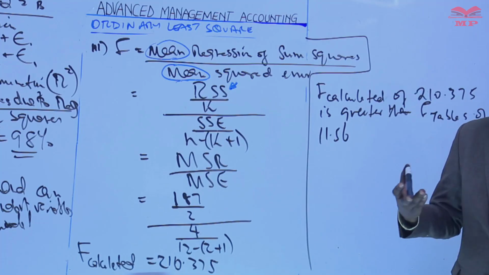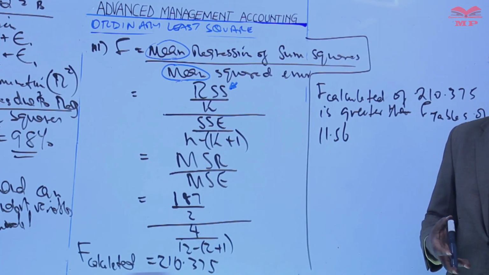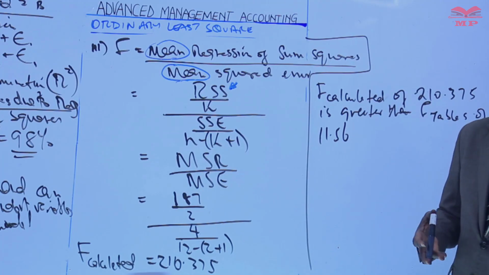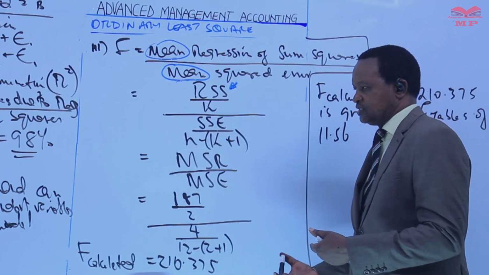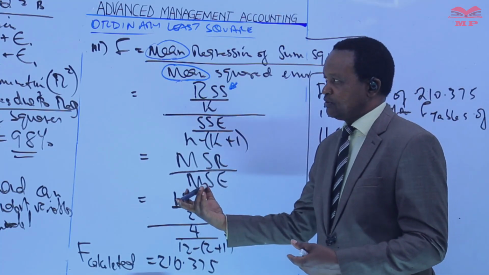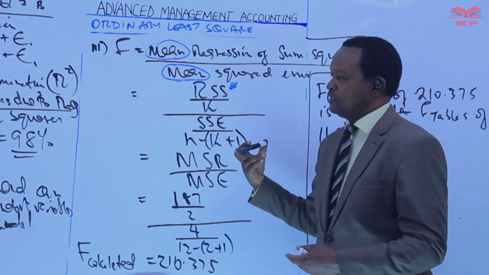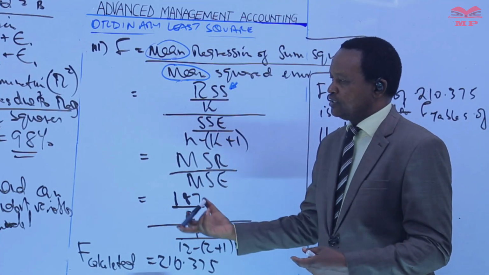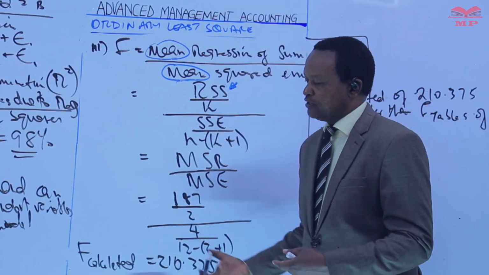That is to mean that the model provides a statistically significant explanation for the variation in the demand. Because the demand, we know, is the dependent variable. The total cost in this question depends on the price and the income, which are the independent variables.